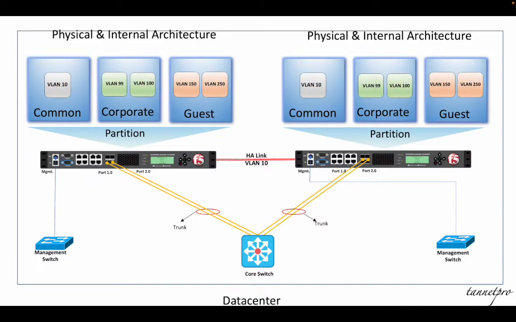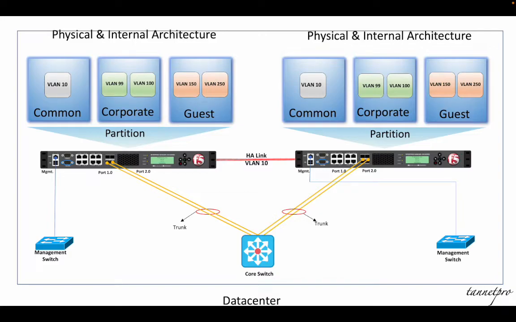Now here, mostly we create a VLAN. One thing I would like to highlight: in F5 you will hear about the self IP. Self IP is nothing but the IP address you are putting on the interface. It could be a physical interface or a logical interface, but mostly we use the logical interface's IP address as the self IP.